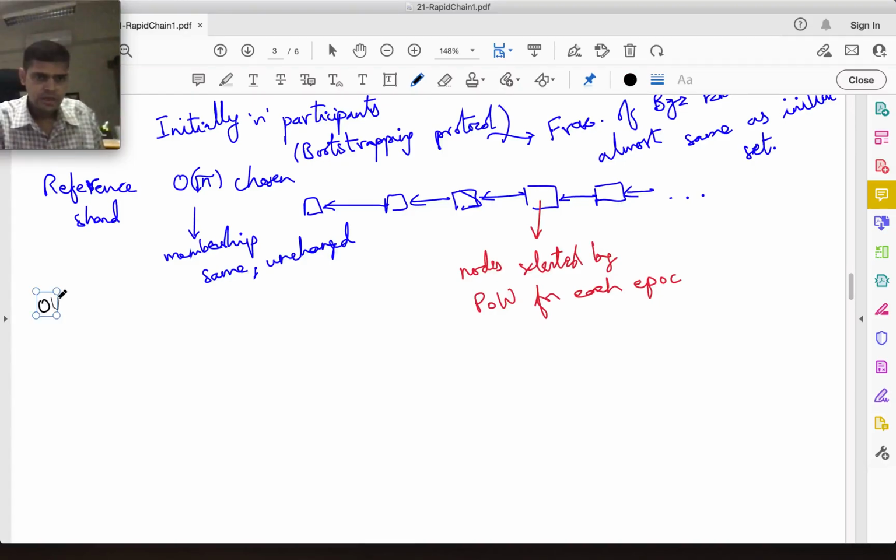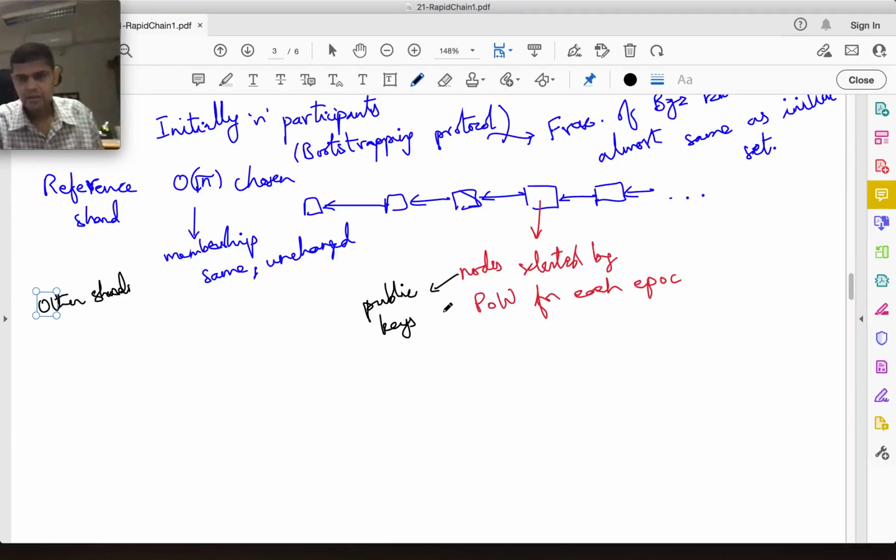So let's just write what the other shards are. This reference shard doesn't really have transactions. It just has nodes or public keys of nodes who have successfully solved proof of work puzzles, right?